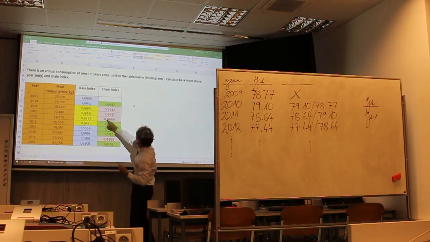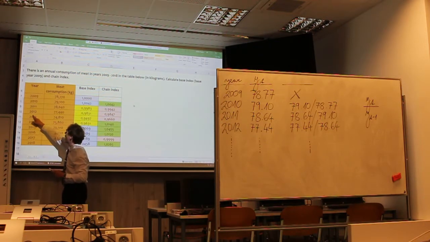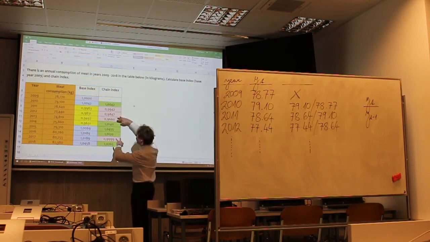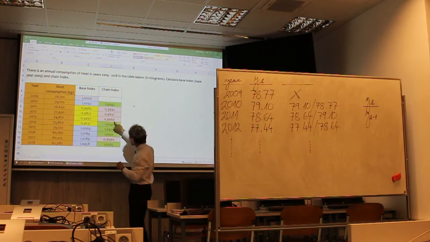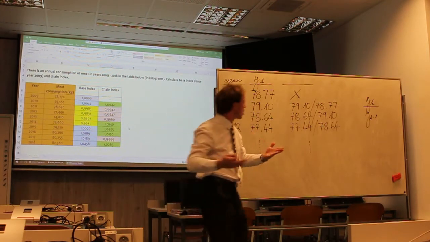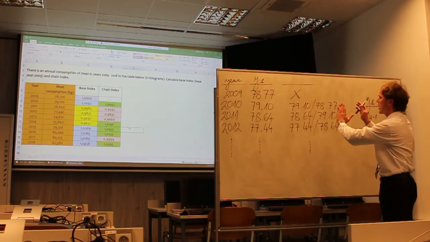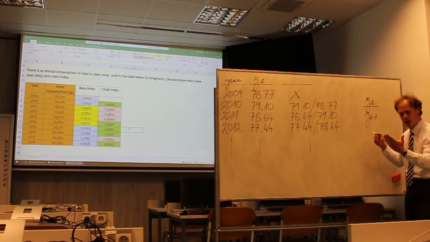There is a decrease between year 2012 and 2013, where meat consumption decreases by 3.4%. So this is the between-year interpretation. So, base indices and chain indices. In the case of base indices, you have a base.